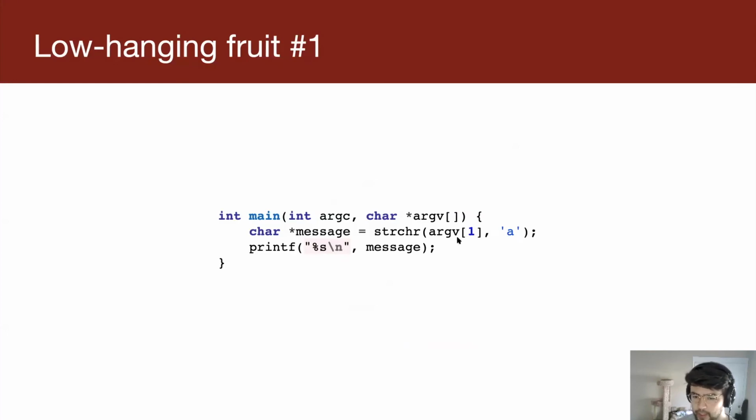And if the character is present, it will return the address of the character in the string. It'll say, hey, I found it at this location. Otherwise, it returns null to indicate that it didn't find it. And so if the string that you're searching does not have the letter A, then this is going to be null, and you're going to be printing out %s. This is going to follow a null pointer, and it's going to segfault and crash.